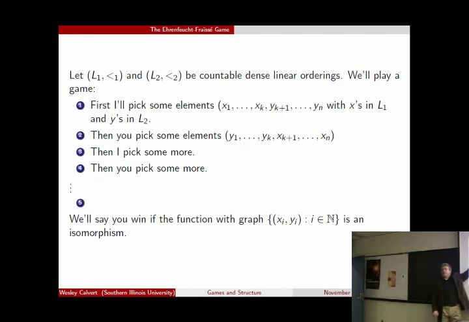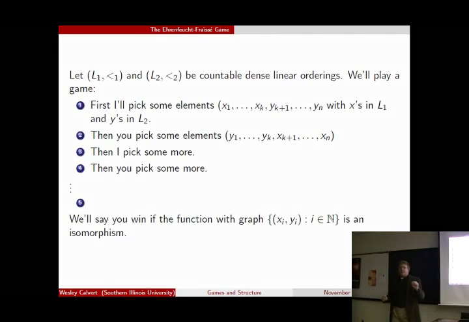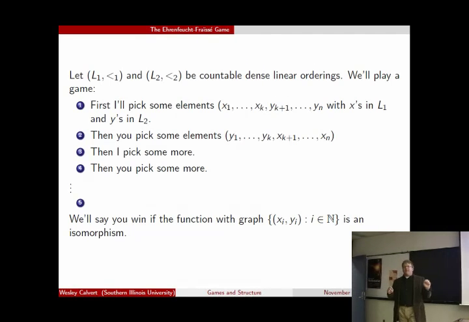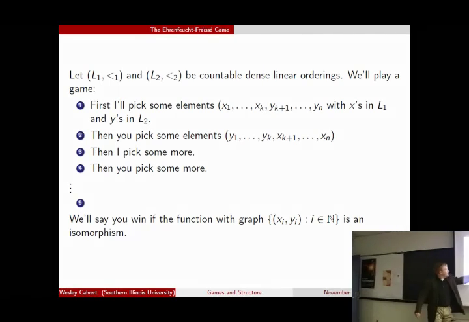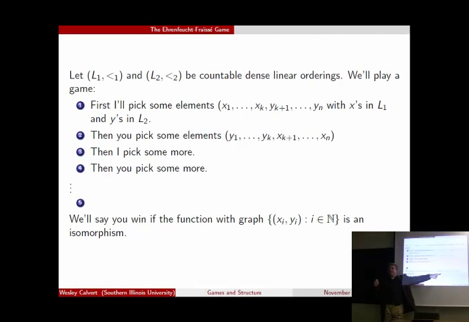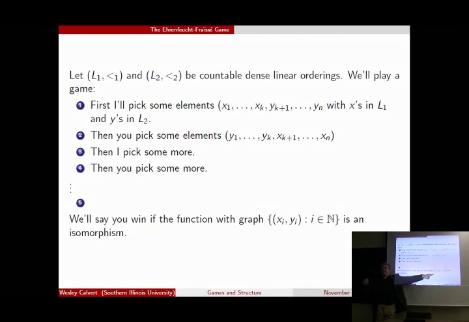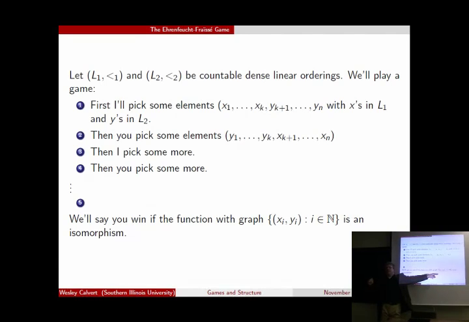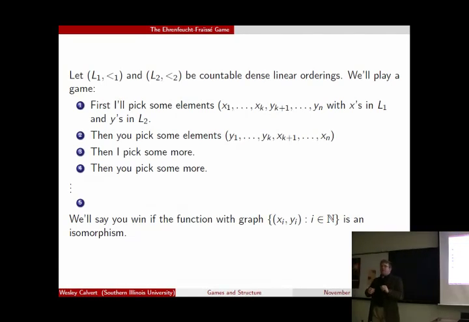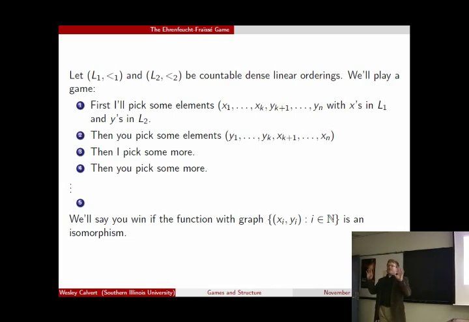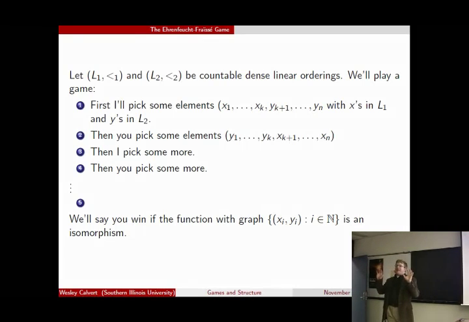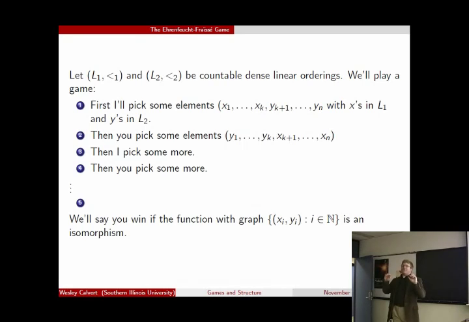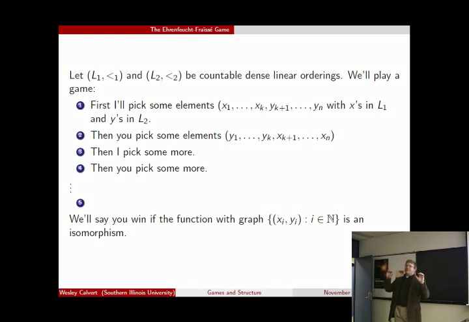Two ordered structures, and your goal in the end is to have this be the graph of a bijection that preserves the ordering. So what I'll do is name some elements on each side that you have to match. And then you'll try to match them. And then I'll name some other ones that you have to match.